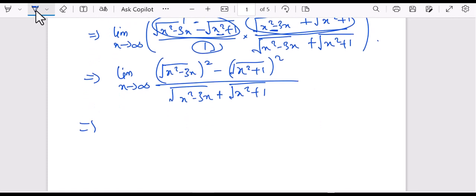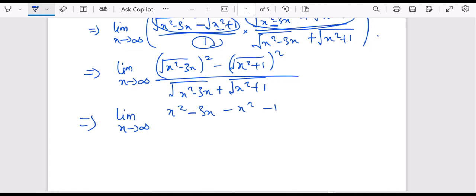So here we have the limit as x approaches infinity. At the top we have x squared minus 3x minus x squared minus 1, all over root of x squared minus 3x plus root of x squared plus 1.